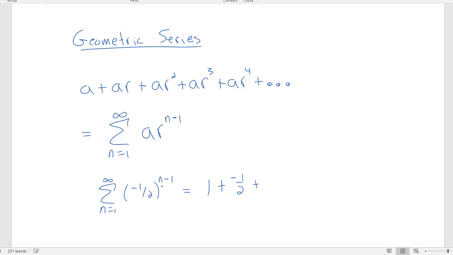When n is 3, I get negative 1/2 to the 3 minus 1. Negative 1/2 squared is positive 1/4. Then I'm going to get negative 1/8, and so on and so forth. So mentally, when I look at the terms of a series, if the terms are exponential in essence, then this is most likely geometric.